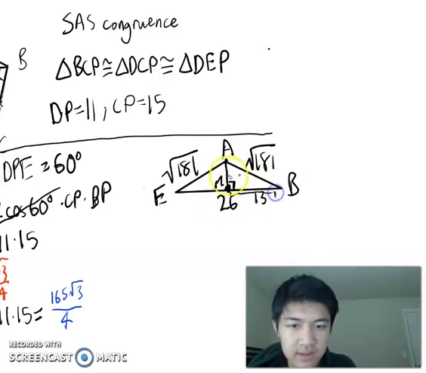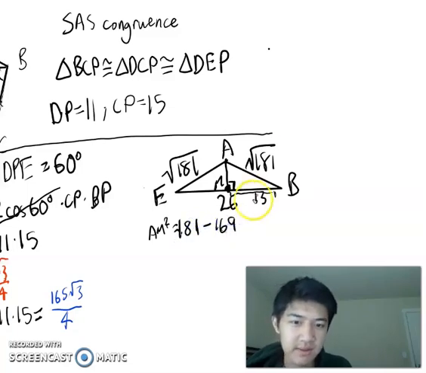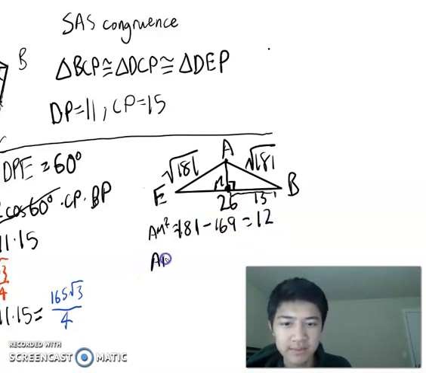And as a result, by the Pythagorean theorem, we have that AM squared is equal to 181 minus 169, which is 13 squared, so it is 12. So AM should be equal to 2 root 3.